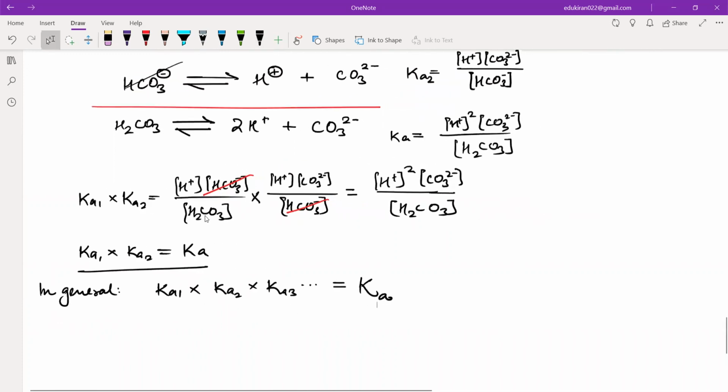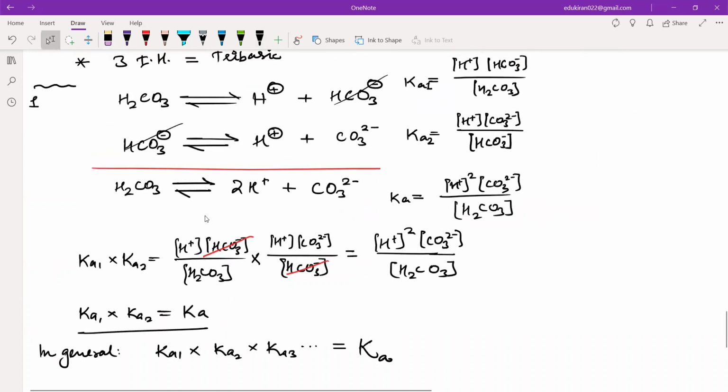This is known as the first dissociation and this is the second dissociation. The constant that corresponds to the first dissociation, Ka1, is known as the first dissociation constant, and the second one is known as the second dissociation constant.